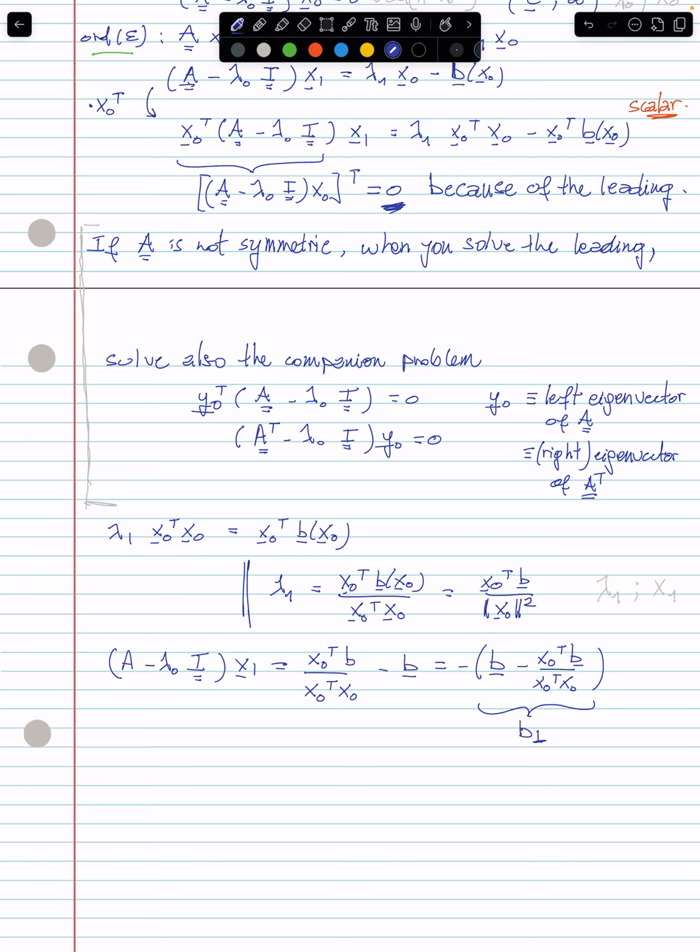So this is the component of b which is perpendicular to, orthogonal to the eigenvector. And this corresponds, of course, to what I was saying before: because the matrix on the left-hand side here is a singular matrix, we can't really have any component along the corresponding eigenvector on the right.